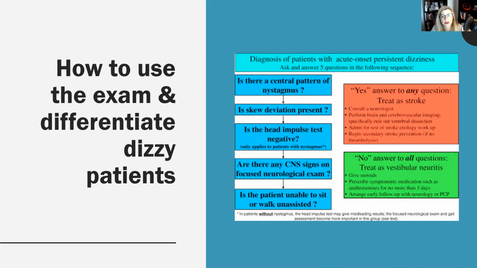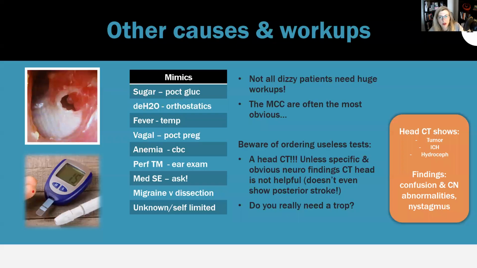If there's an answer yes to any of them, go ahead and call code stroke. Treat as if it's a stroke for right now and keep your other differentials in the back of your mind. However, if all of these 5 are no, then you should probably go ahead and treat it like BPPV or vestibular neuritis.